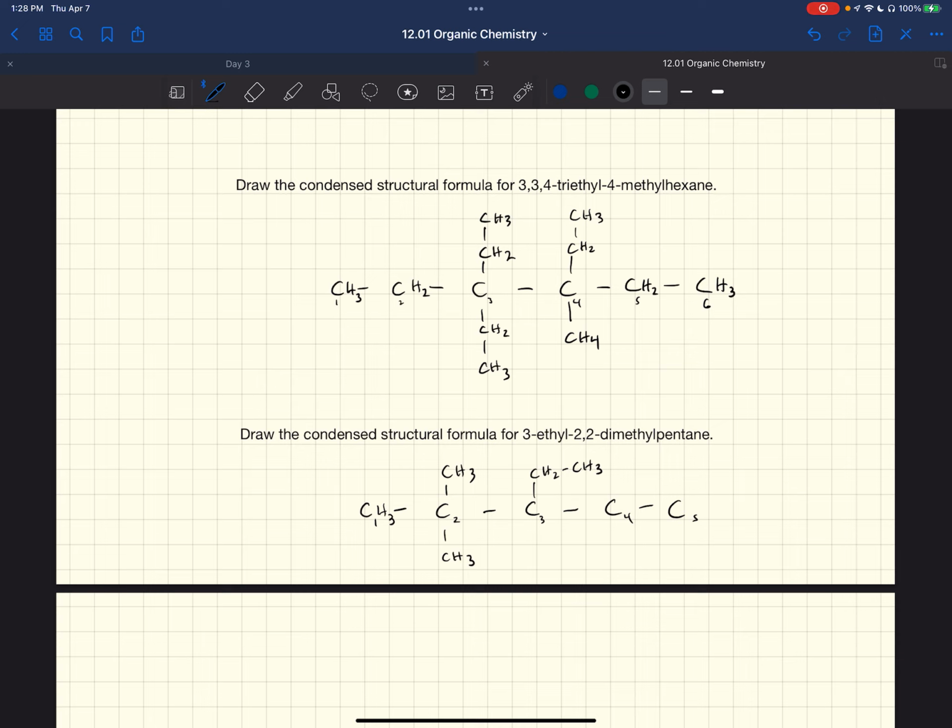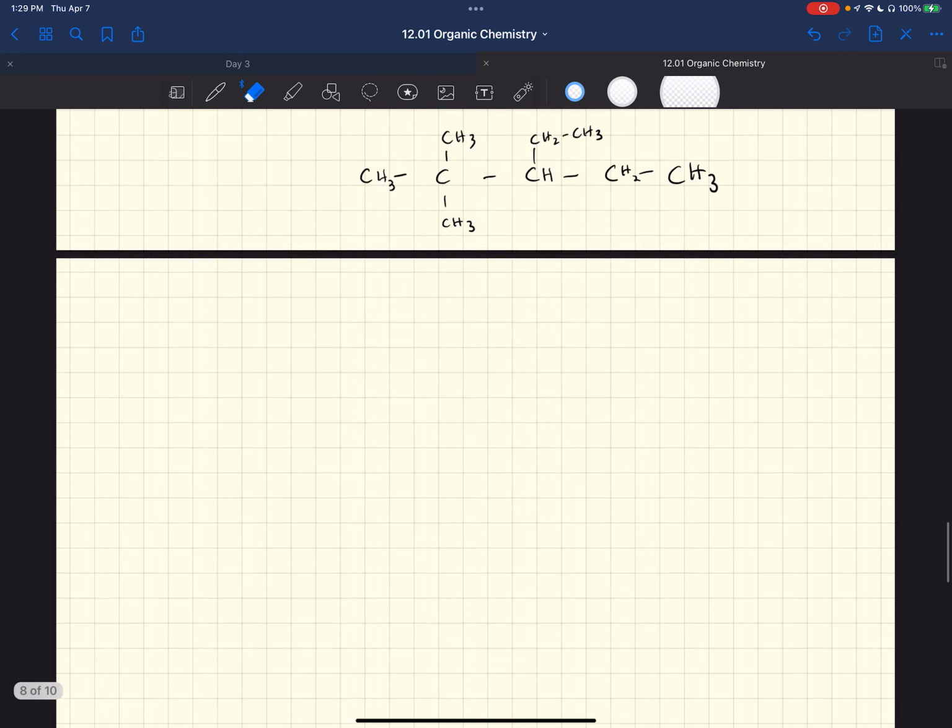There's a methyl group, there's a methyl group. So now I can fill in the backbone. This carbon has 3 carbons attached. Okay, so there's my thing. You don't necessarily need to include these numbers, right? And in fact, if we go back through and clean it up a little bit, it looks a little bit nicer.